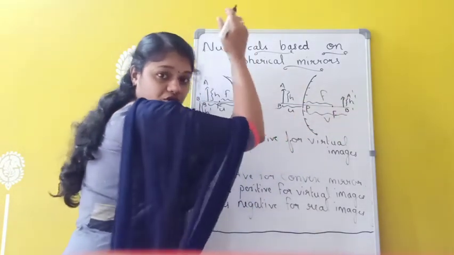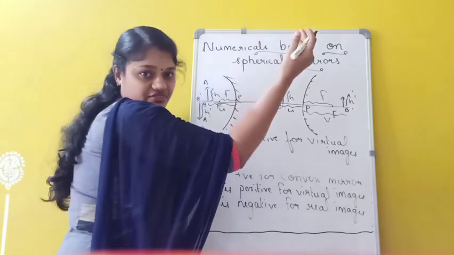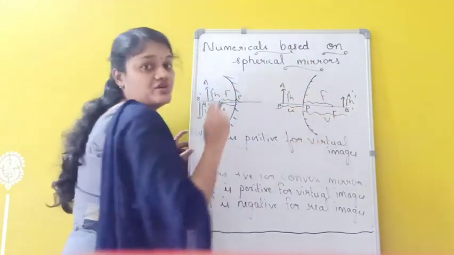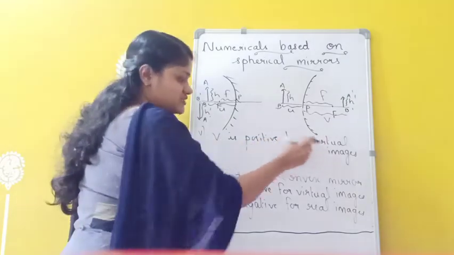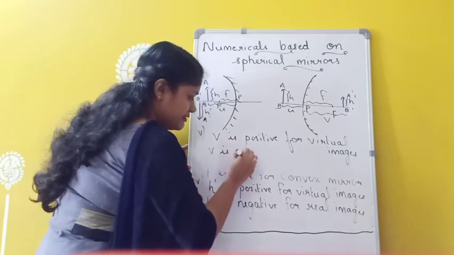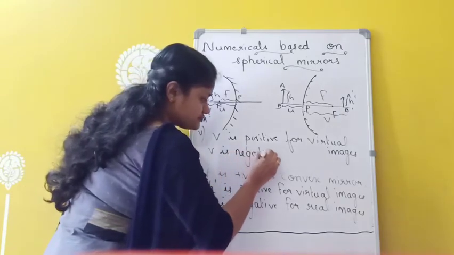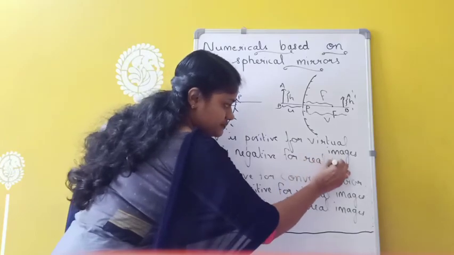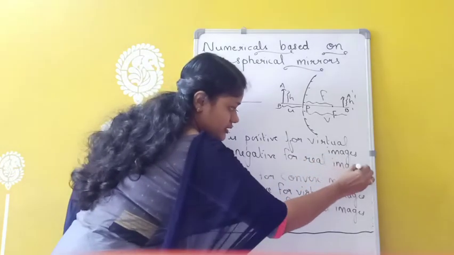I already told you when I was teaching about the sign conventions. So this V is always positive in the case of virtual images. So in the case of virtual image, V is positive and V is negative for real images.